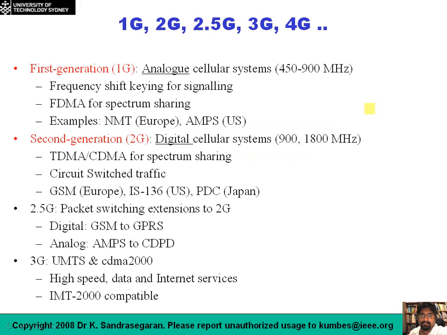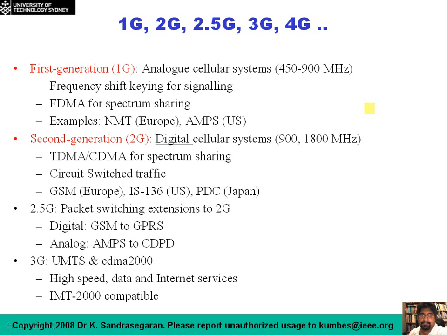Okay, and the last thing that I briefly want to tell you is that cellular systems have gone from first generation to second generation to 2.5 generation, 3G, and now 4G networks are coming up. There's been a lot of technology that has changed over a period of time. The first mobile telecommunication systems that came out were predominantly analog cellular systems. They used FDMA-based systems. Examples were AMPS and the Nordic Mobile Telephone system in Europe.